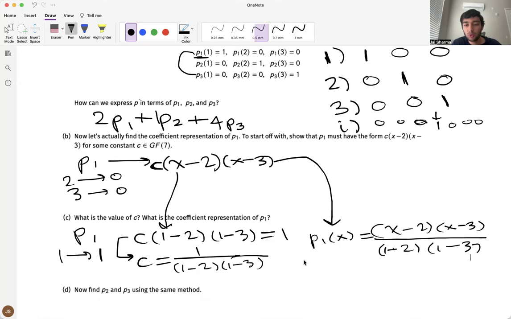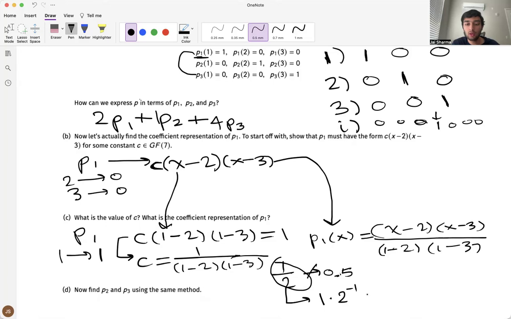And by the way, I want to clarify that when I say divided by, this is not division. When I do 1 divided by 2, this is not the same as 0.5. 1 divided by 2 means you take 1 and multiply it by the inverse of 2.